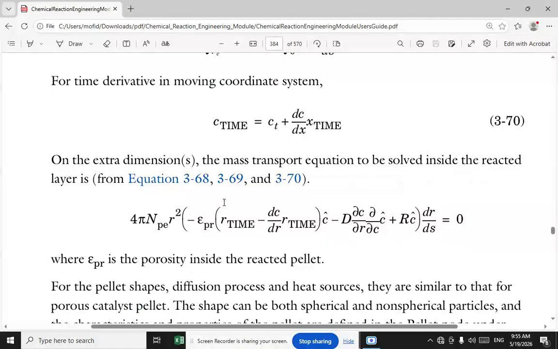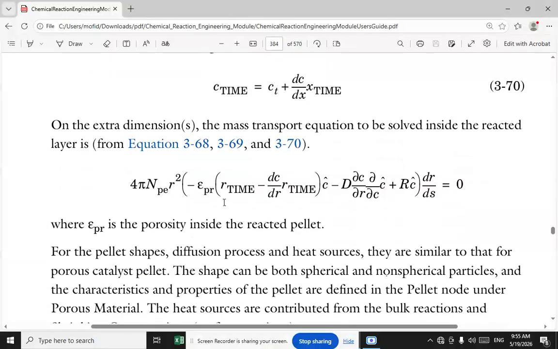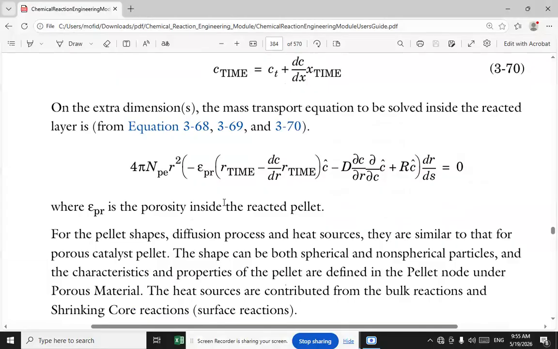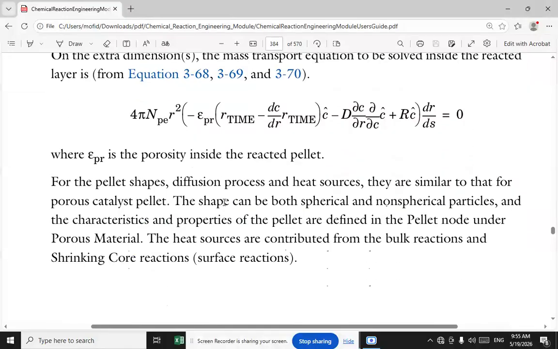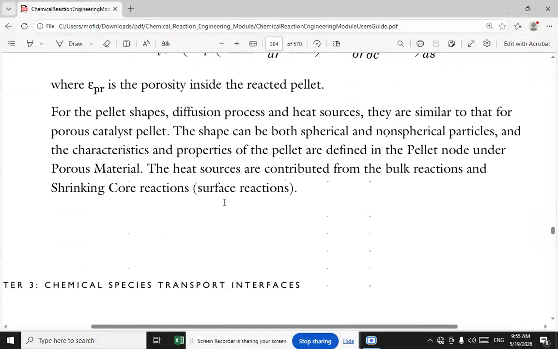On the extra dimensions, the mass transport equation to be solved inside the reacted layer is formed from equations 3-68, 3-69, and 3-70: 4π r² multiplied by minus epsilon pr multiplied by r time minus the derivative of concentration with respect to time, and r time is multiplied by the test function, minus D times the derivative of concentration with respect to r and the derivative of the test function, plus R times the test function, dr divided by ds, is equal to 0, where epsilon pr is the porosity inside the reactive pellet.